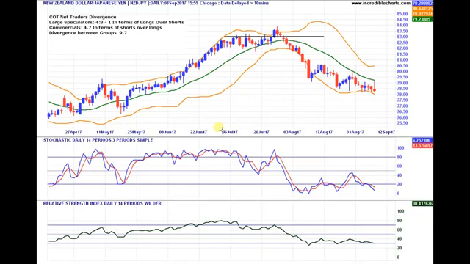So what I want to do is get back in, but I just want to wait for a bounce. I just think there's a bounce coming. The candle's pretty small. We're finding a bit of support here. Momentum, stochastic oversold, RSI oversold. So where do we want to re-enter? Well, I think the first significant level in terms of resistance is 79.50.